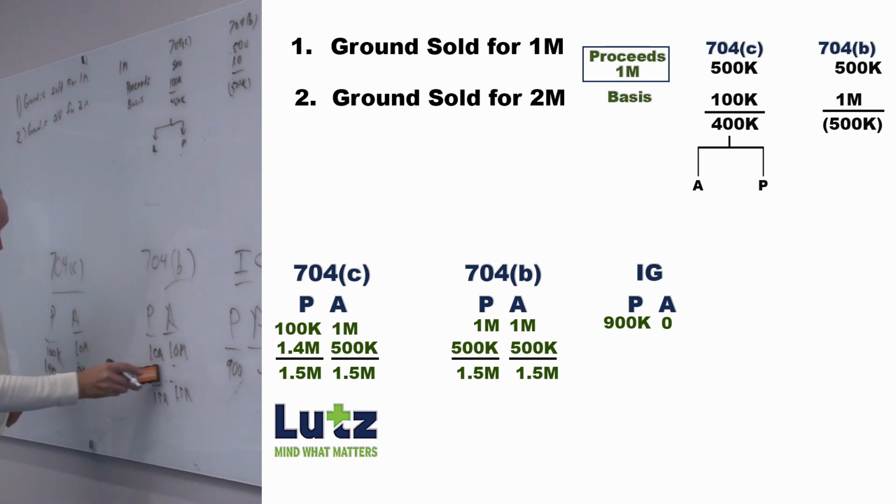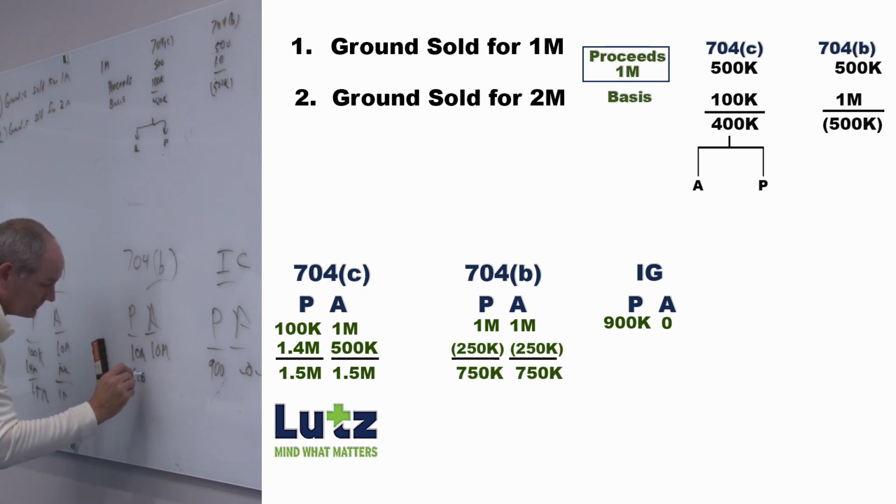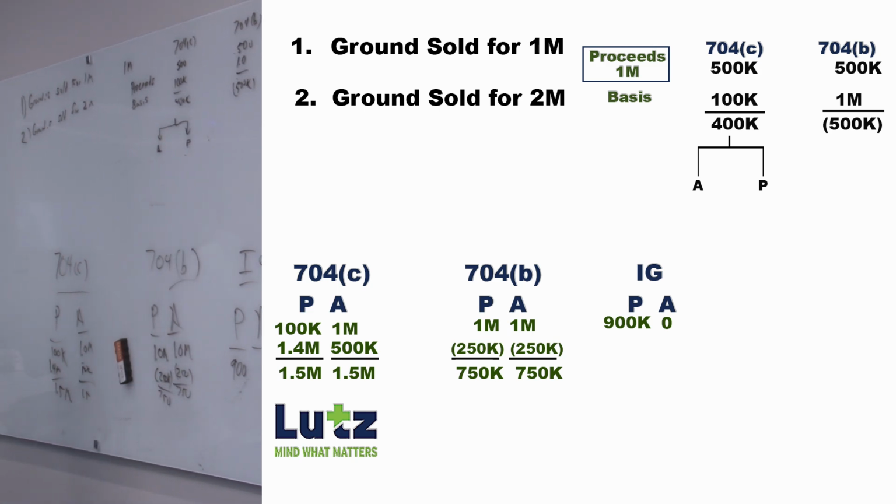Honestly, we have negative 250, right, Brett? Yep. Negative 250, 750, 750. And it should equalize out.